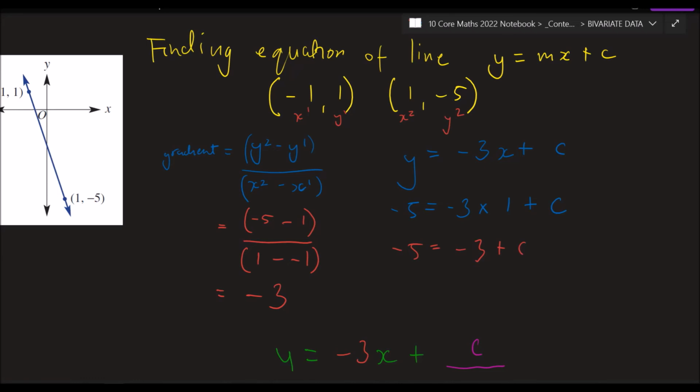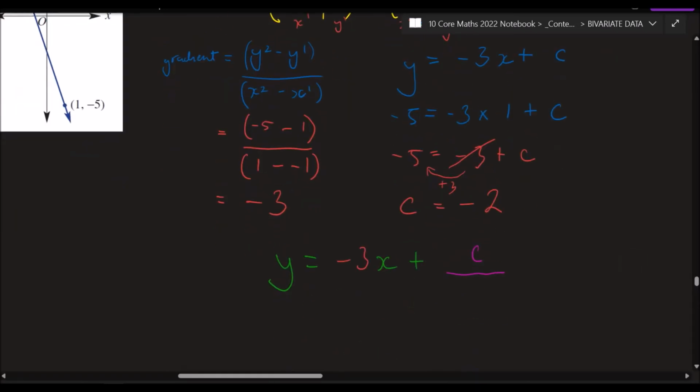The -3 becomes +3. Therefore, the y-intercept c, what's -5 plus 3? If you're not sure, use that calculator. c is -2. So in my final formula, c is -2. There it is. Easy.